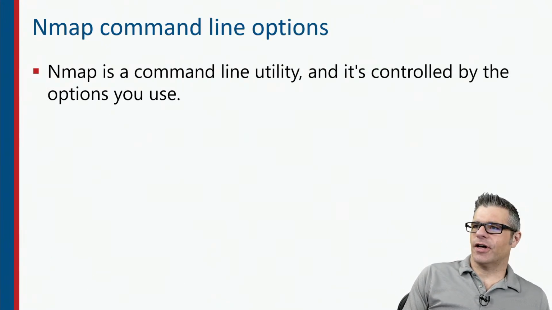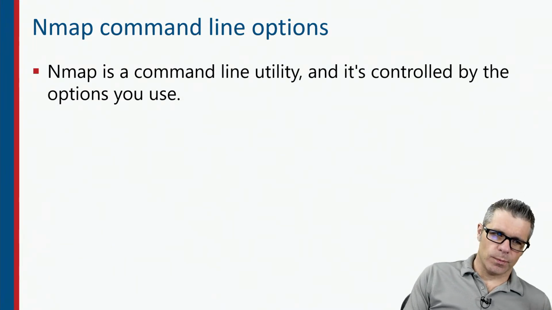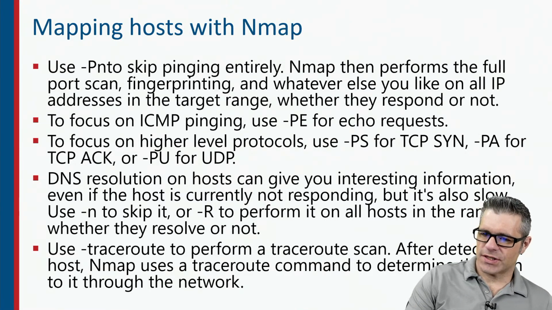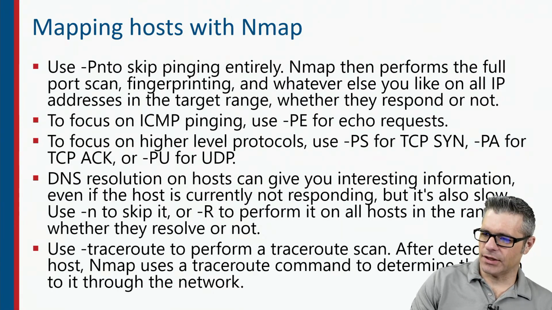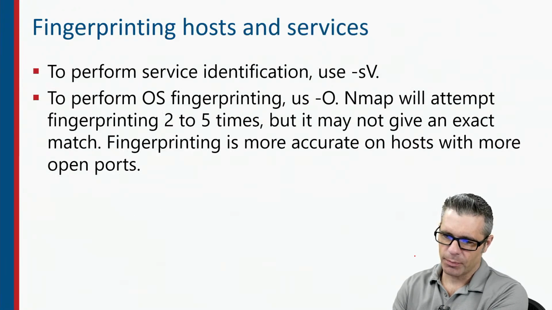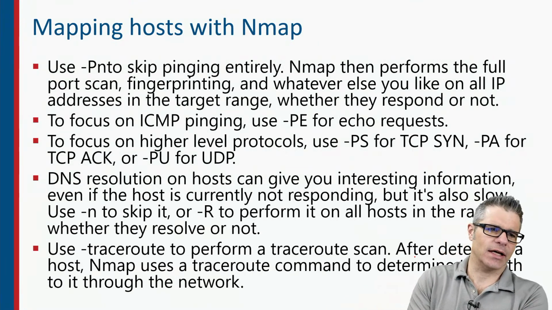The command line stuff is like build it yourself. We have options. You can skip pinging entirely, so you could do a port scan, fingerprinting, and whatnot without the ping, which might set off alarms, if you're worried about setting off alarms.